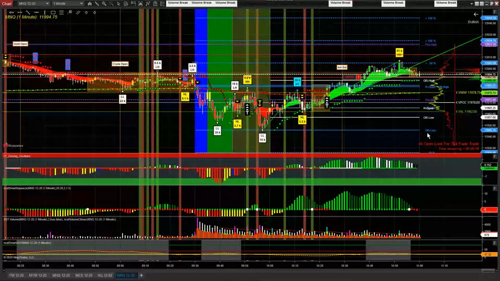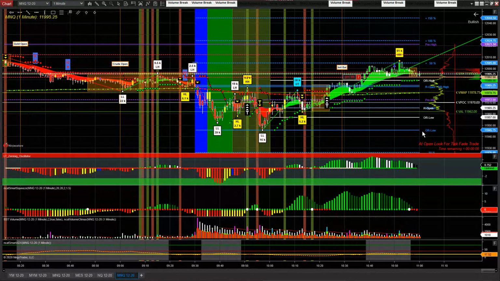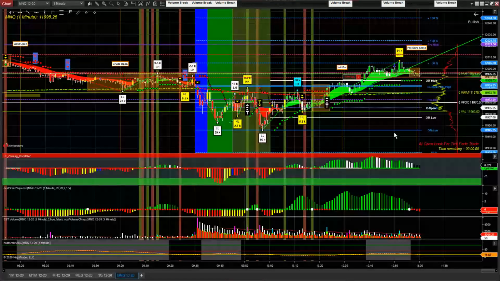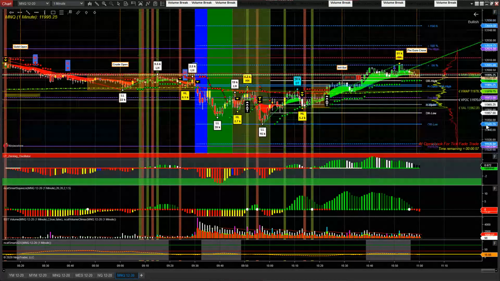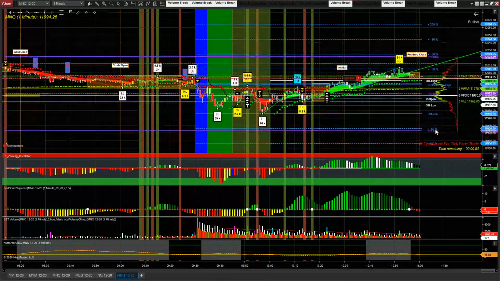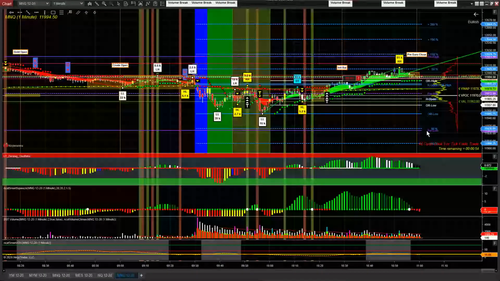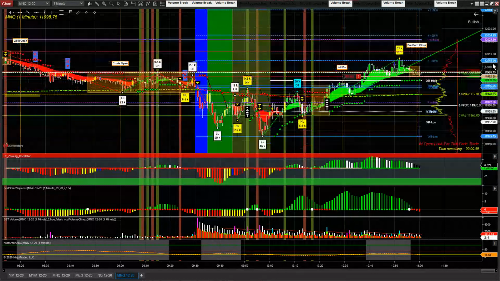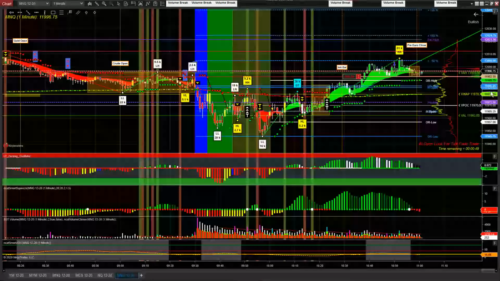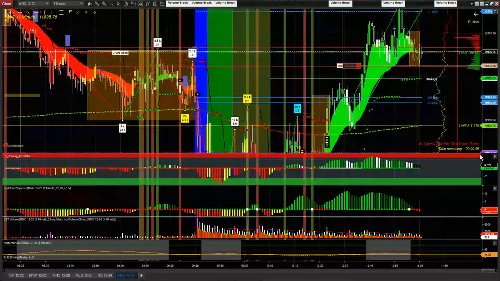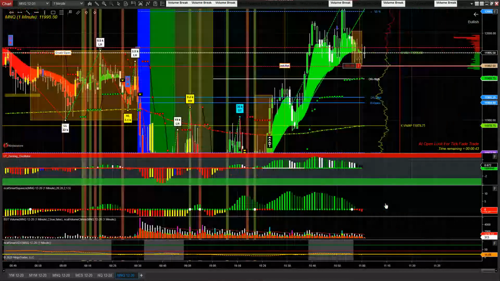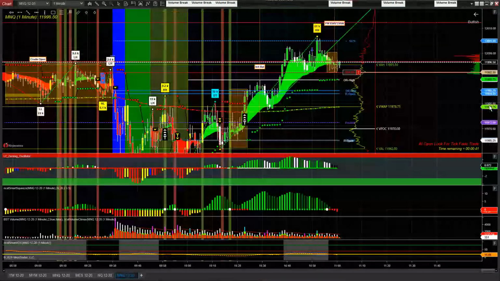This OR low here, this low was created between 9:30 and 10 o'clock. All right, that's the low of the day. The low of the night is here, global session, pretty low in purple here. So NQ could come back and test the low of the day, which is the 9:30 to 10 o'clock print.